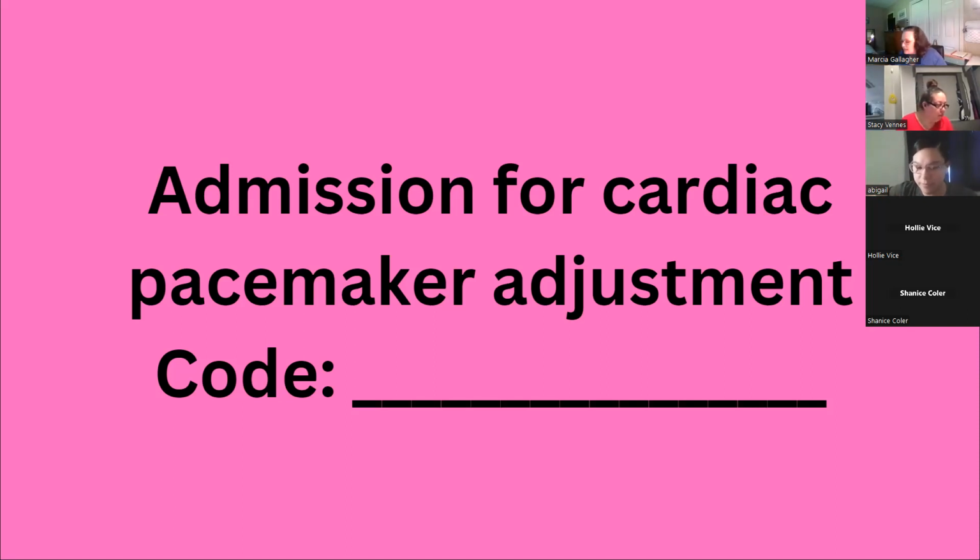Miss Stacy, what are you thinking? What are your thoughts? So Z45.018 on page 1634 says encounter for adjustment and management of other part of cardiac pacemaker.